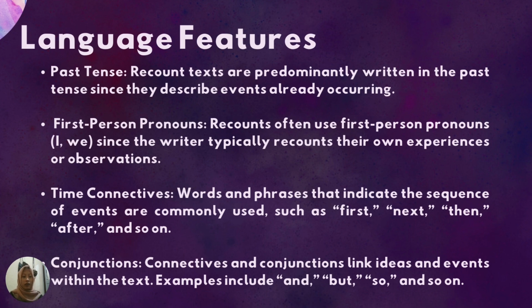Third, time connectives. Words and phrases that indicate the sequence of events are commonly used, such as first, next, then, after, and so on. These connectives are used to connect one sentence to another.